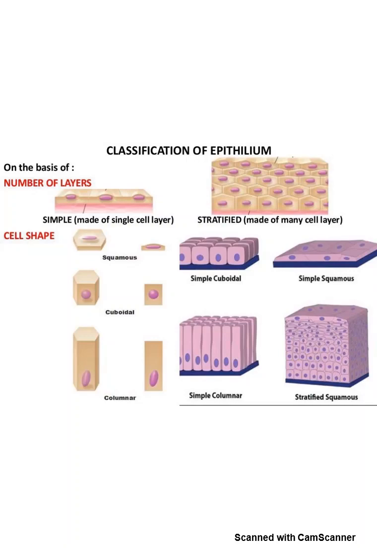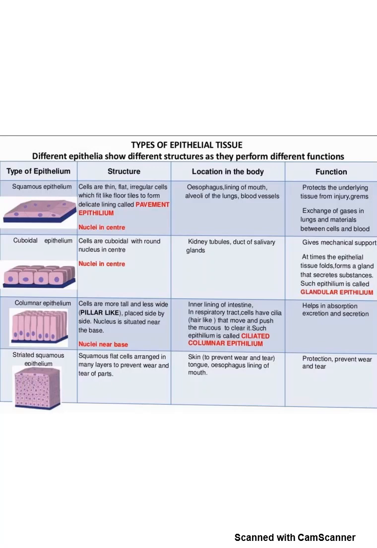So, broadly it is columnar epithelium, but when columnar epithelium has cilia present to push the mucus in the respiratory tract, that is called ciliated columnar epithelial tissue. And the function is that it helps in absorption, excretion and secretion.